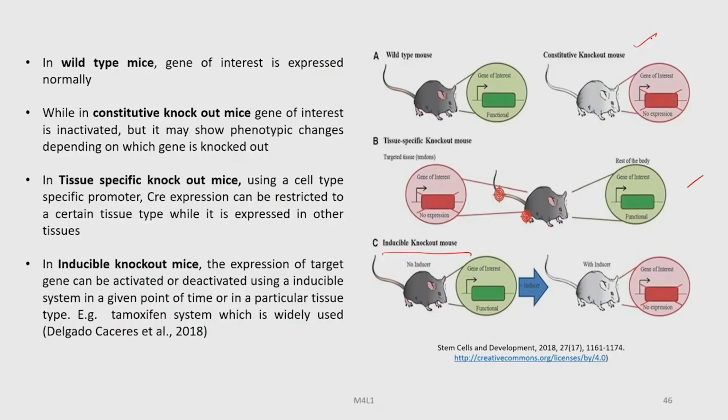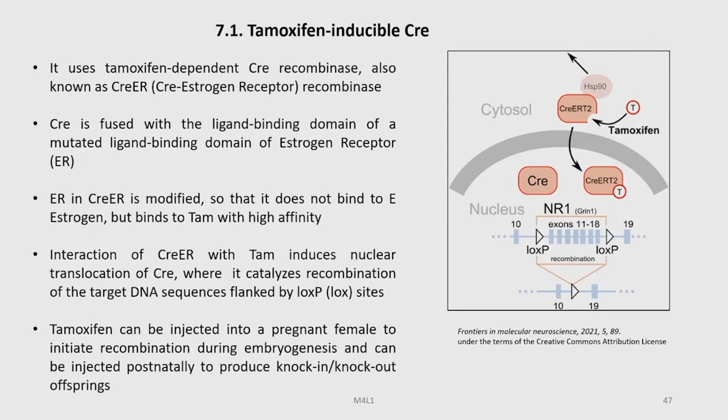So, we have basically 3 knockout systems. One is the constitutive knockout system, one is the tissue specific knockout system, and another is the inducible knockout system. Let us now study a little bit about the third type, the tamoxifen inducible Cre recombinase system.